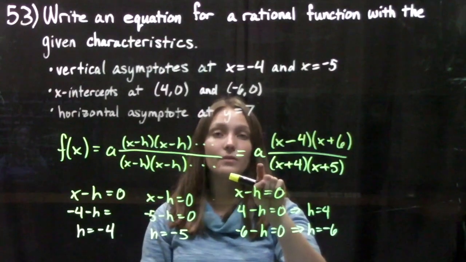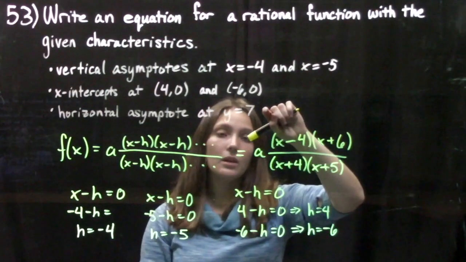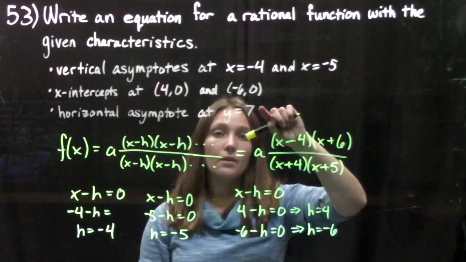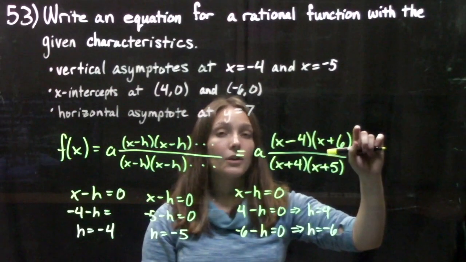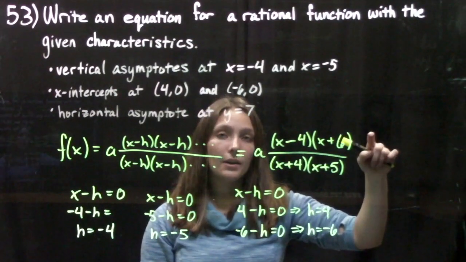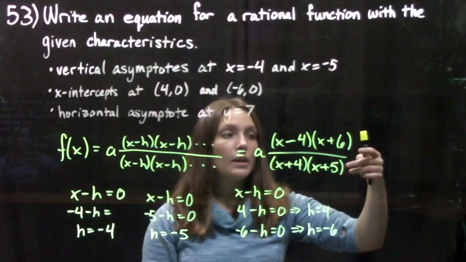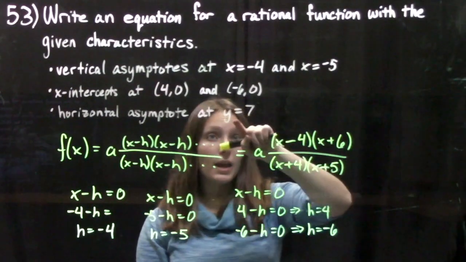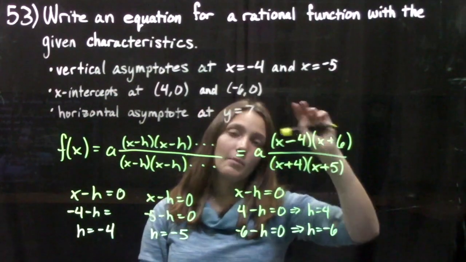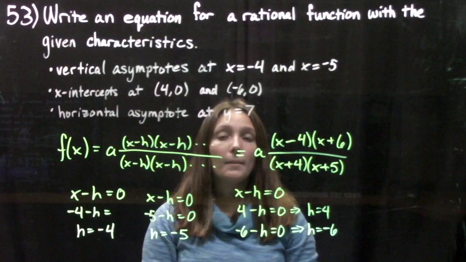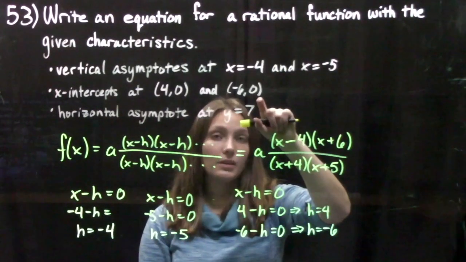Now all that's left is we have to find this stretching factor. How do we do that? We get that from the horizontal asymptote. There are 3 different kinds of horizontal asymptotes we can get, depending on whether our numerator's degree is higher than, lower than, or equal to the degree of our denominator. Since it says that it's just a number, it's not a polynomial, that means that our stretching factor is going to be this number 7.